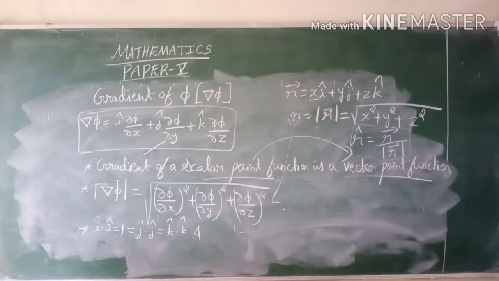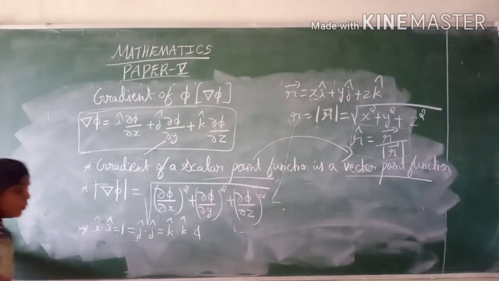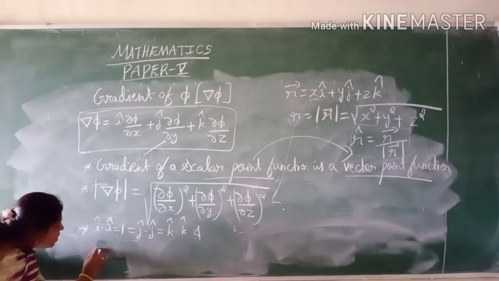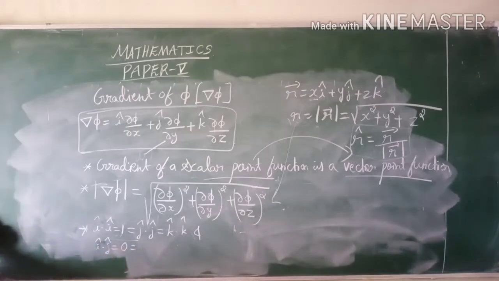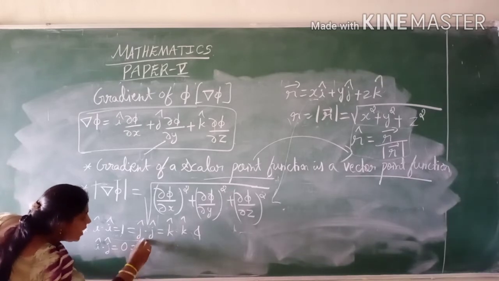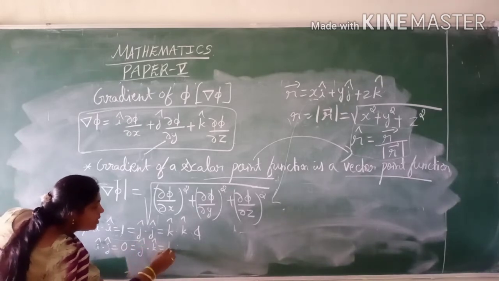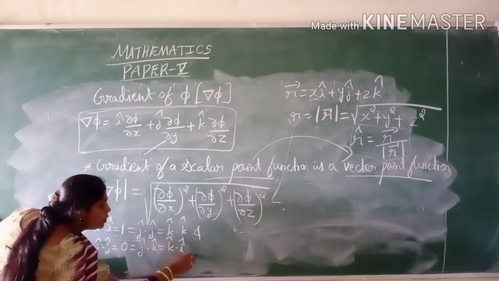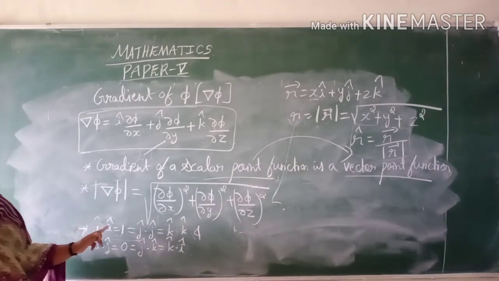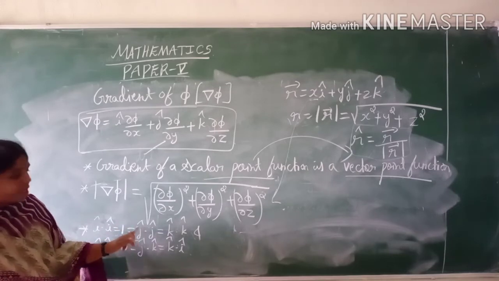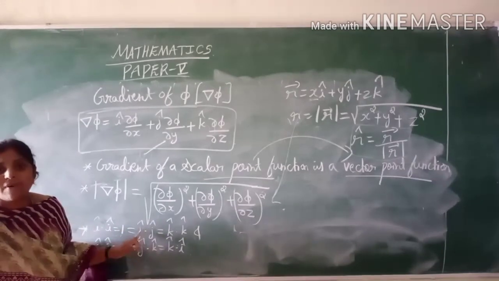The dot product of two different unit vectors is always 0. That is, i dot j is 0, j dot k is 0, and k dot i is also 0. Remember this concept: i dot i is 1, j dot j is 1, k dot k is 1.